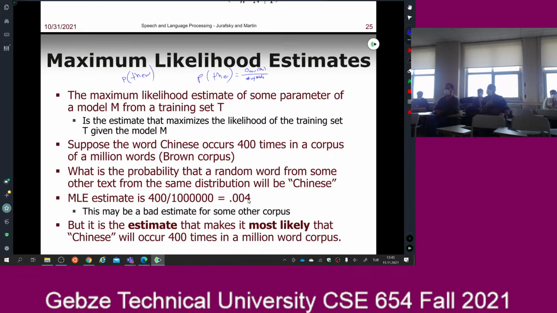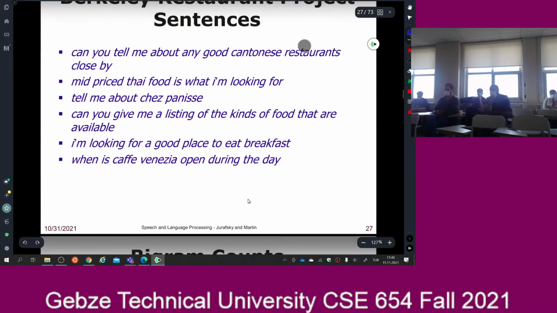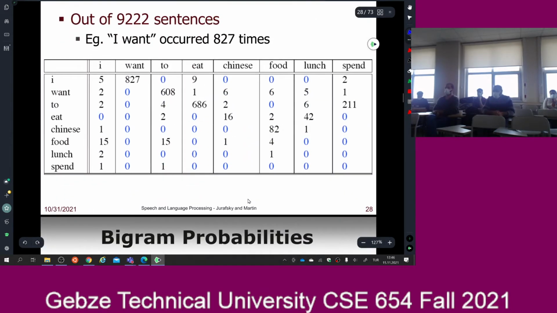So maximum likelihood estimation is not a very good method to estimate the probabilities for all the words. So we have to do something about this. But for now, we said let's use maximum likelihood estimation for assigning these prior probabilities or the conditional probabilities.